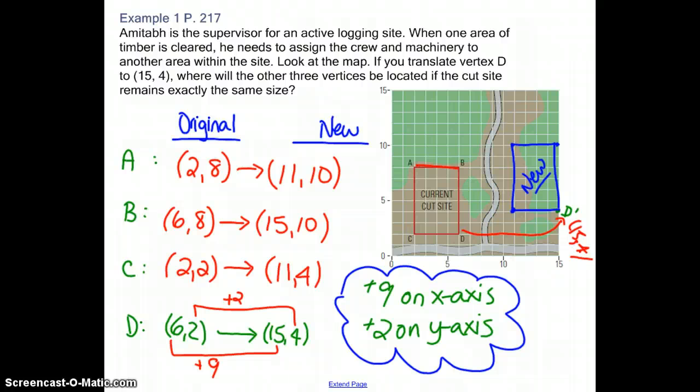So for example, point A, we have a 2 and an 8. The 2 we need to add 9 to get 11. The 8 we need to add 2 to get 10. Same with B. We need to add 9 to get 15, and we need to add 2 to get 10. That will translate our shape to our new area.